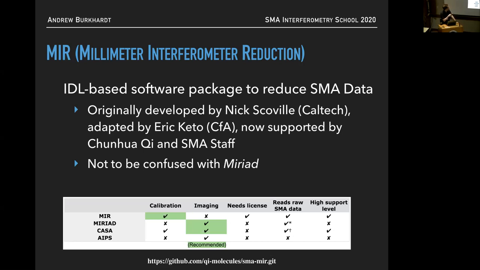It was originally developed by Nick Scoville at Caltech for a different observatory, but later got adapted by Eric Keto and is now supported by a variety of people at the SMA, where its primary purpose is for the analysis of SMA data specifically.